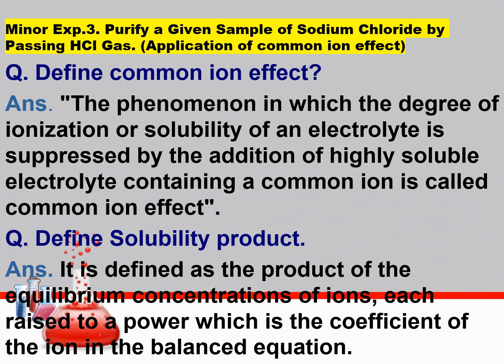Define solubility product. It is defined as the product of equilibrium concentration of ions, each raised to a power which is the coefficient of the ions in the balanced equation. It is also there in your theory book.